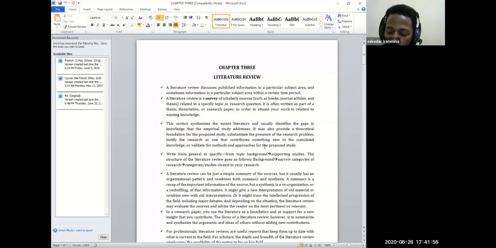If you have a strong literature review, you can convince your reader that you are a master of your field or your study. By making a deep and critical literature review, you can build your own credibility.